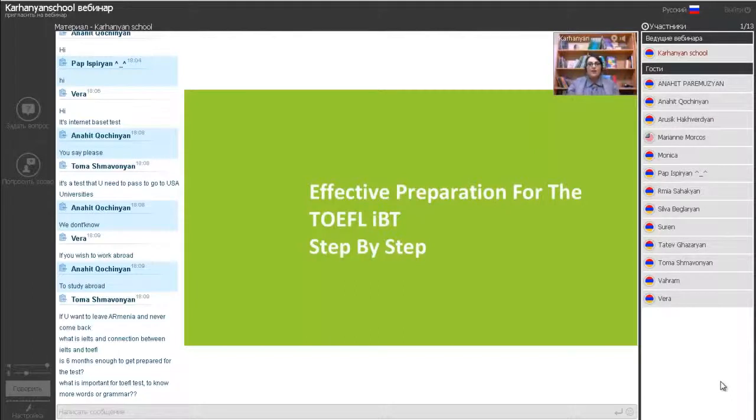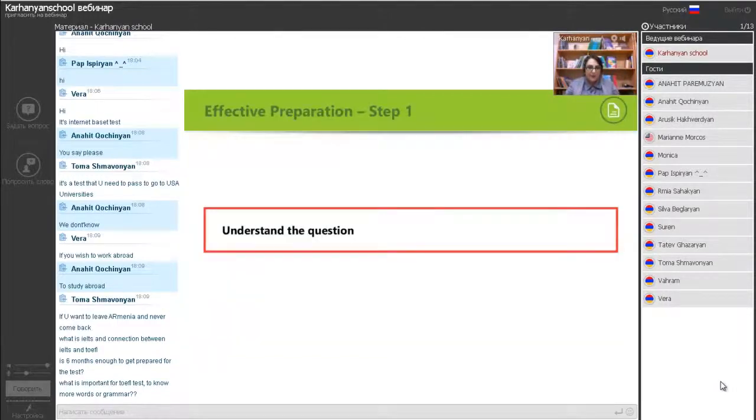Now I suggest some effective steps for preparing for this test, okay? So let's start from the first step. Understand the question. I can say that this is the first and the most important step to follow. Generally, in the TOEFL, the questions give you some clear clues to decode and understand what they want from you.